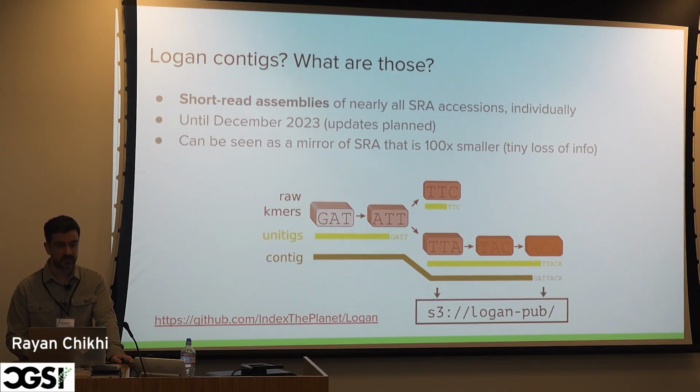It can be seen as a mirror of SRA that is 100 times smaller to download and to access, with a tiny bit of information loss. So it contains a good amount of all solid k-mers from the reads, and contigs are exactly what you think. It's an assembly of the reads. You can have more information at this URL, and I will quickly demonstrate how to access.